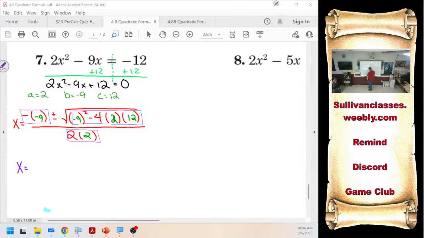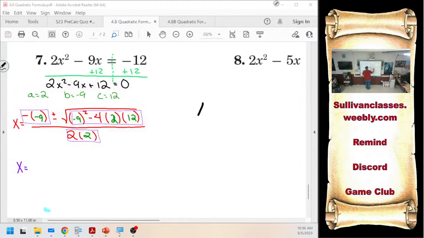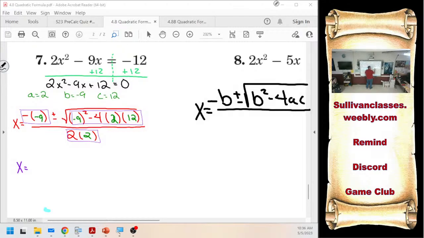If you need to write that formula out again: negative b plus minus the square root of b squared minus 4ac, all over 2a. There's even a little song that goes with it. I know some middle school teachers will make their Algebra 1 crew sing the song every day in class.